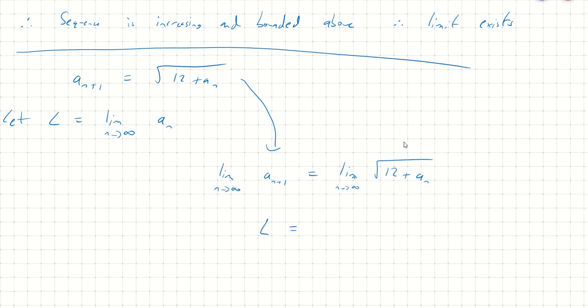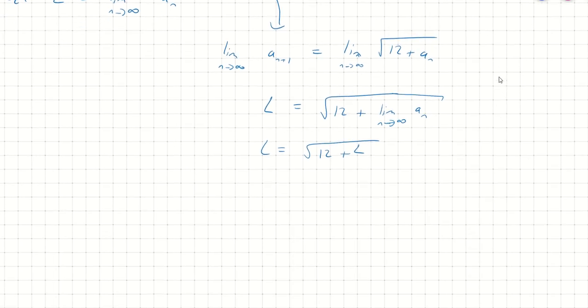And the right-hand side, well, the limit of 12 plus a(n) as n tends to infinity is the same as the square root of 12 plus the limit as n tends to infinity of a(n). And this is 12 plus L. So we now have an equation in terms of L, the limit, so we can work out what L is.